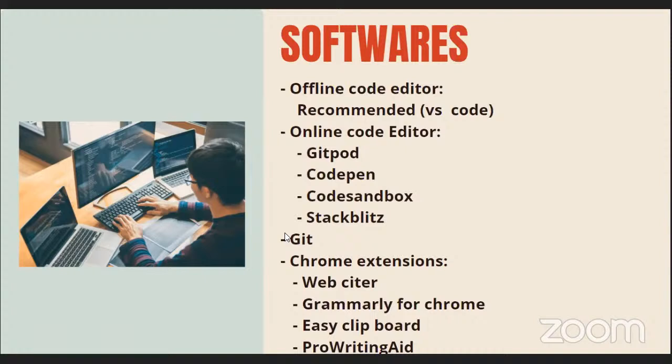WebCite is your go-to for citing websites and avoiding plagiarism. Then Grammarly, I love Grammarly. Grammarly is very nice. I have the Chrome extension, so it's built into my Google Docs. Okay, nice. A lot of people have GitHub accounts.